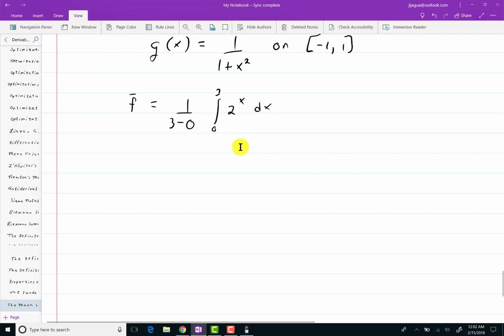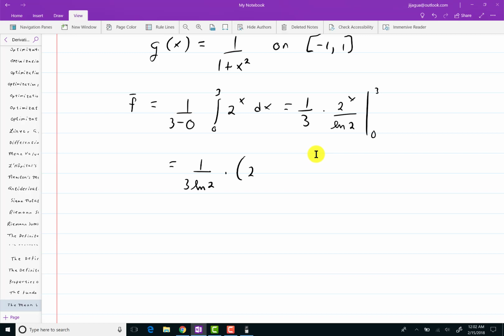So this equals 1 over 3 times 2 to the x over ln 2, integrated from 0 to 3. I'm going to take the 1/3 and ln 2 and put them together in front: 1 over 3 ln 2 times 2 to the 3 minus 2 to the 0.